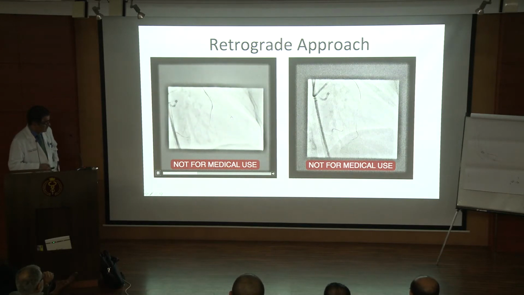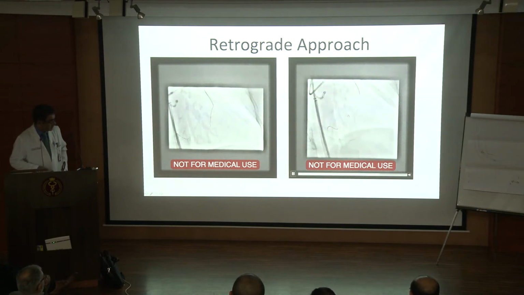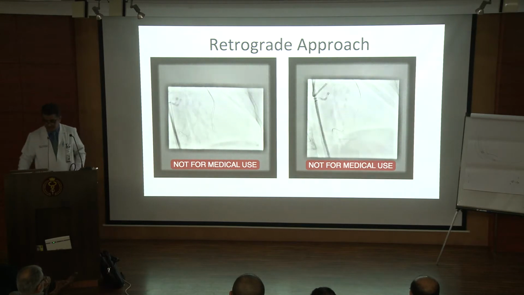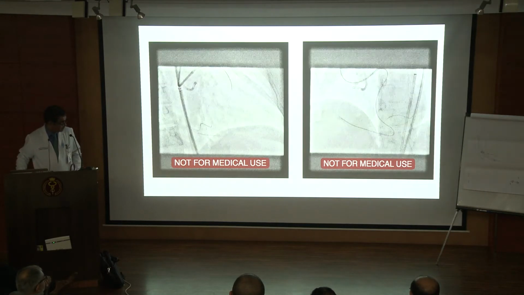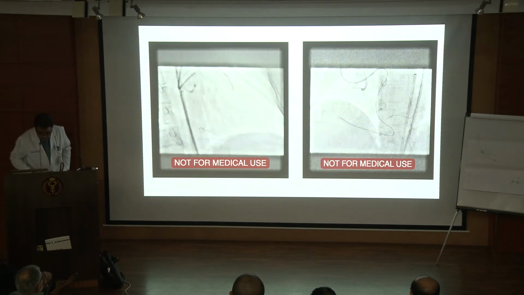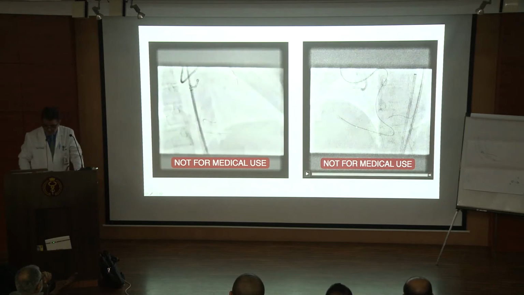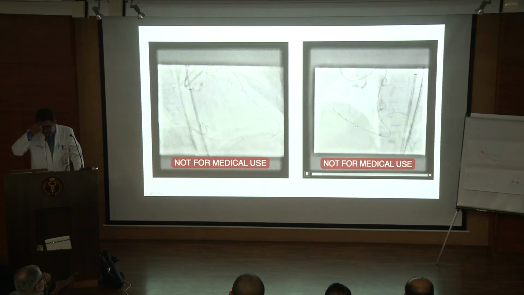And we got retrograde access with the, I think, Sion Black. Got into the PDA. So then we did retrograde wiring. I think at that time we used a Gladius.